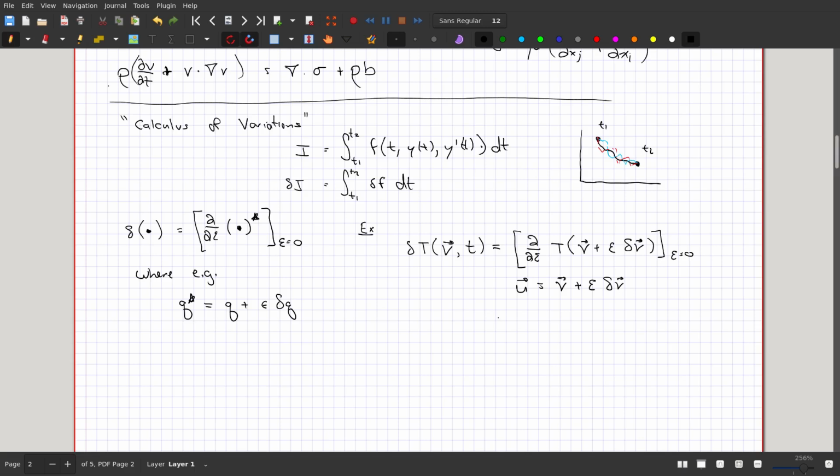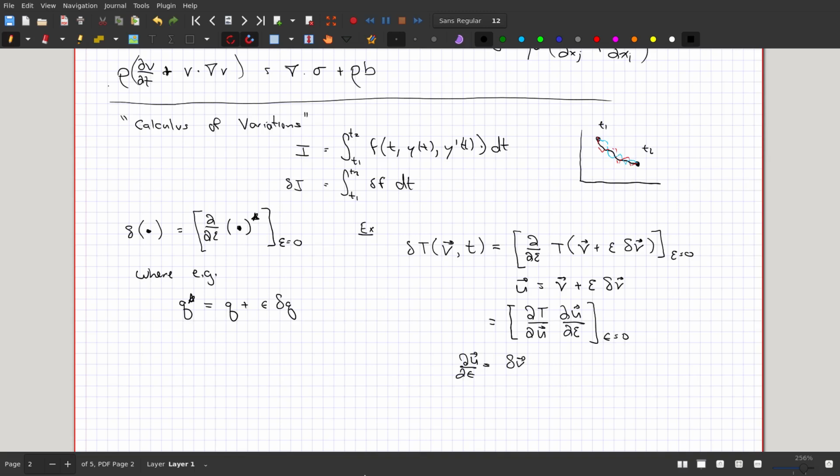So with that, using the chain rule, I would have partial T partial U times partial U partial epsilon, evaluated at epsilon equal to 0. Well, partial U partial epsilon is equal to del V, just taking the partial derivative of this expression with respect to epsilon.